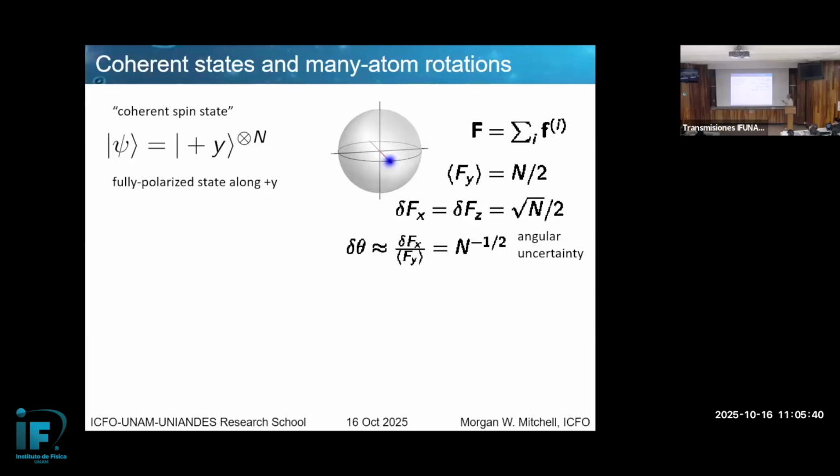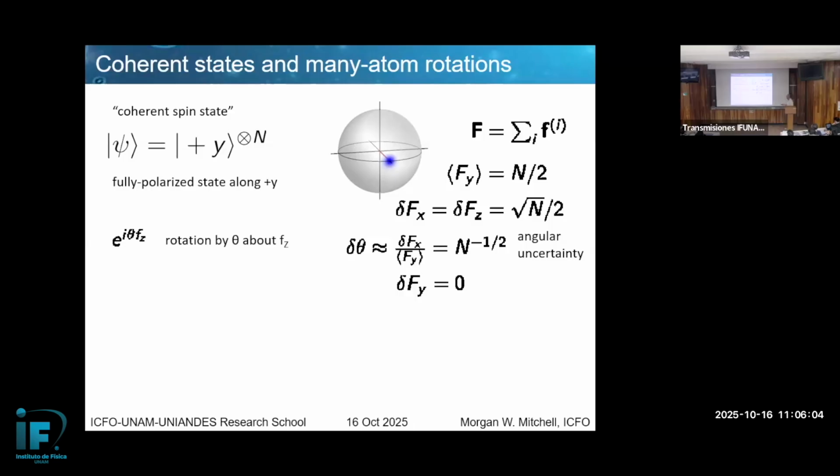And using these, I get this angular uncertainty is 1/square root of n. Which should not be surprising. I have n two-level systems, and their phase uncertainty is 1/square root of n. And for the state that has exactly n particles in it and spins, the uncertainty in the y direction, along the direction that's polarized, is actually 0.